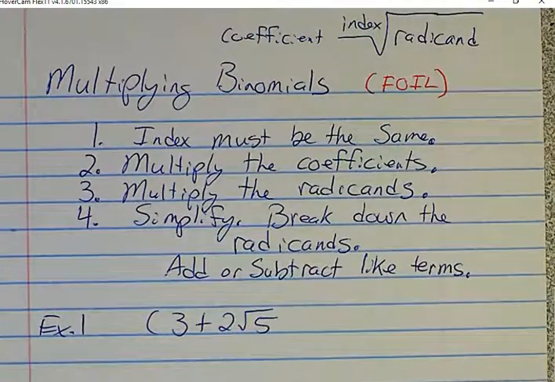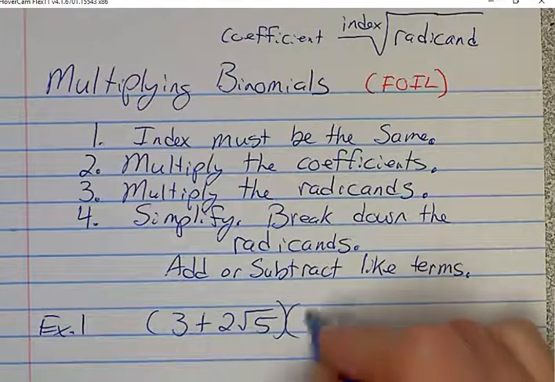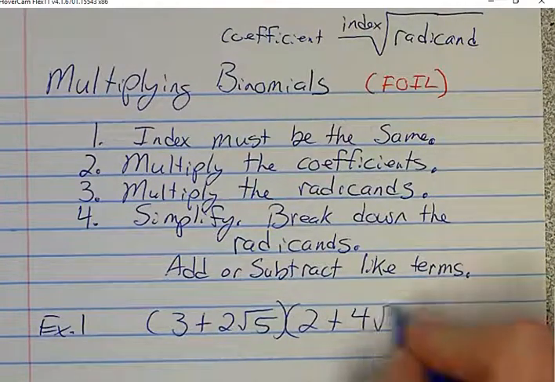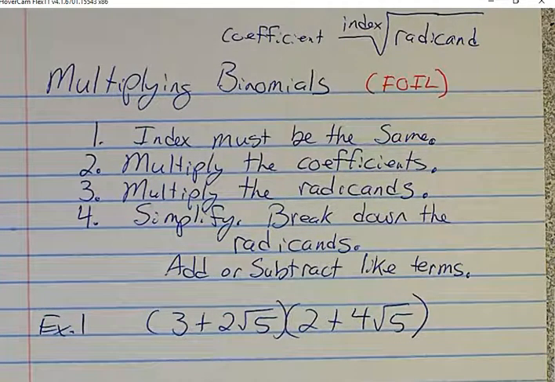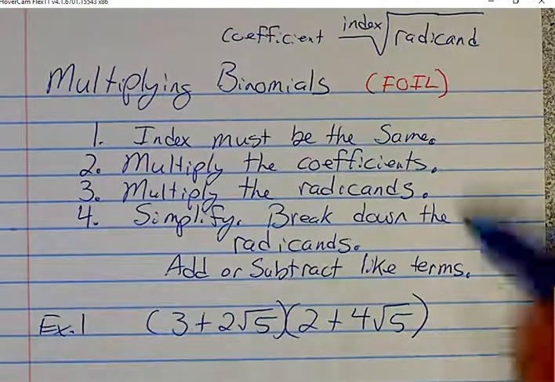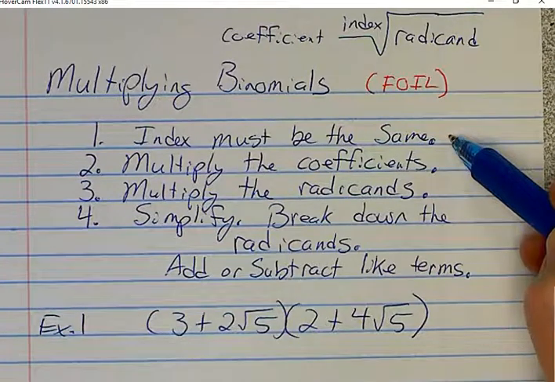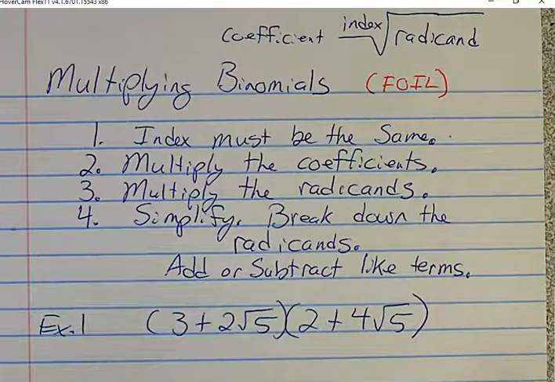Let's go with 3 plus 2 square root of 5, and then 2 plus 4 square root of 5. Okay. And again, this one should pretty much be a given. I don't think they'll make it where the indexes are different. So now you're going to multiply your coefficients.